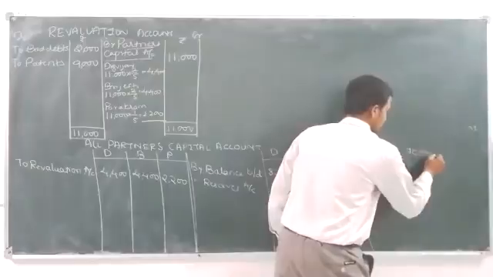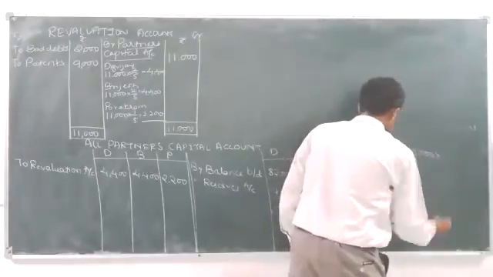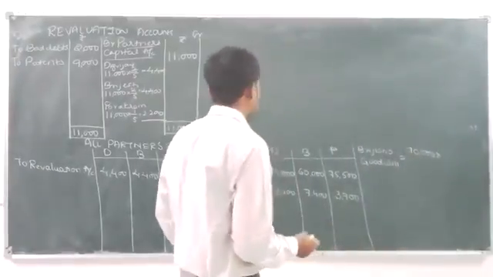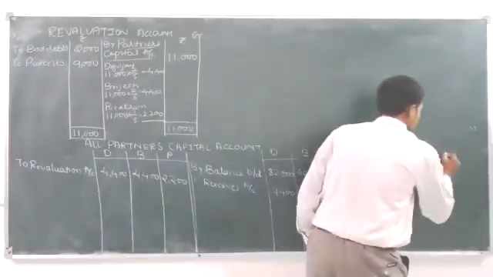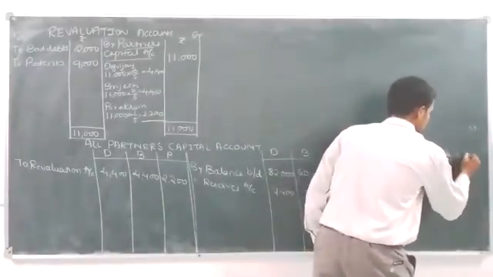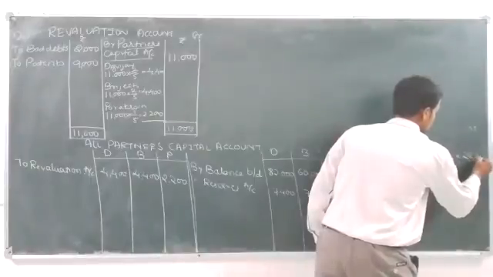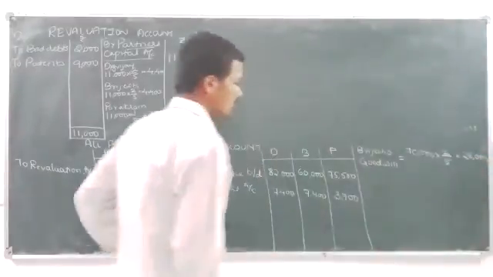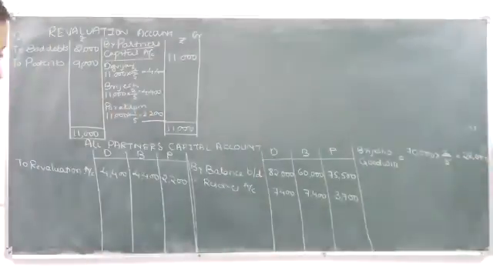The goodwill valued is 70,000, and his share in the business is 2/5. That comes to 28,000.